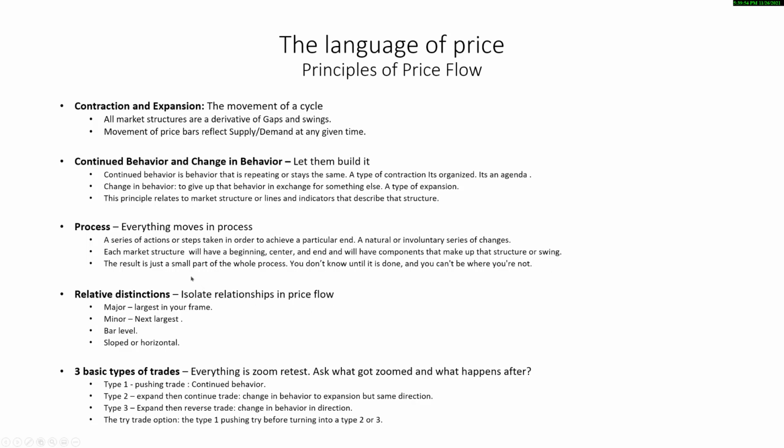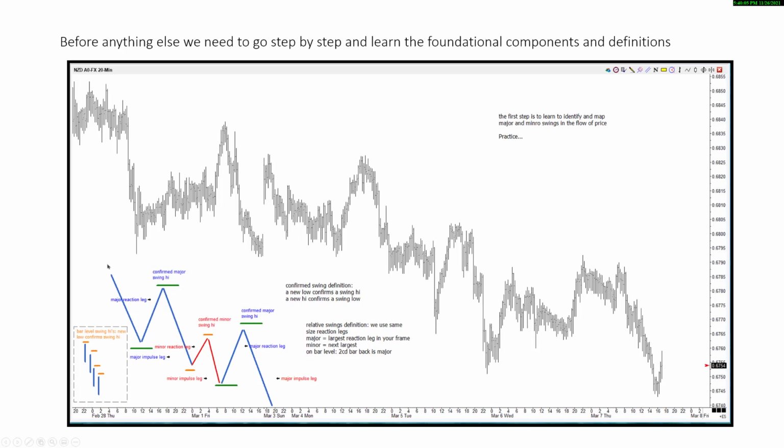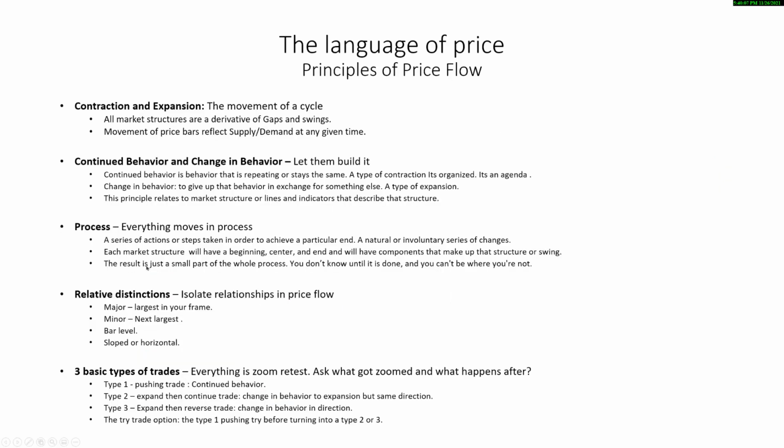The result is just a small part of the whole process. You don't know it until it's done. You can't be where you're not. Take this as a mindset you want to understand. So often we focus on the end product of the trade. The end product is a result of a lot of things along the process. Focus on the process, 1, 2, 3, rather than the end product.